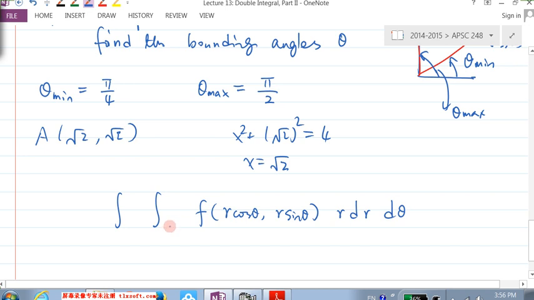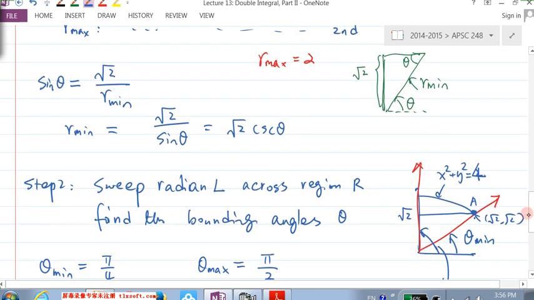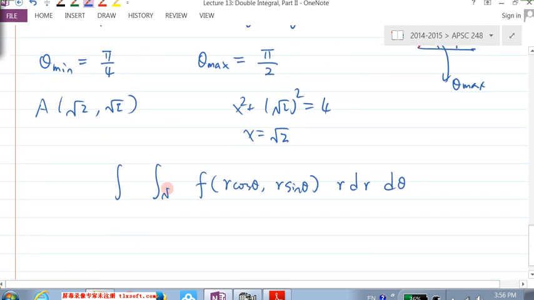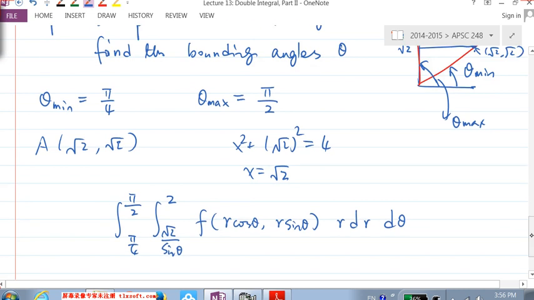The limit for r, as we figured out, is this: R min is root 2 over sine theta, and the top is 2, and theta is from pi over 4 to pi over 2. Okay, so that's the layout using polar coordinates.